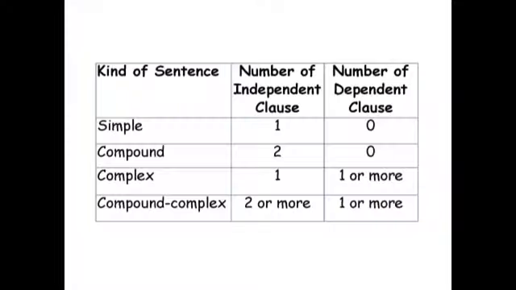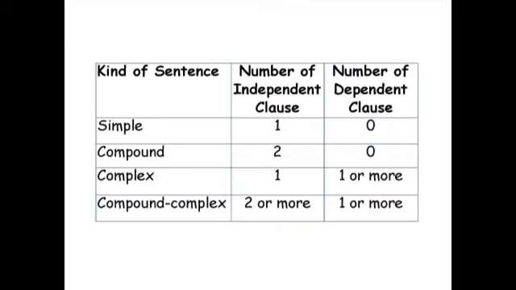Now in conclusion, these kinds of sentences will help you produce a paragraph with a good flow of information. Before we end the video, let me show you a summary of all this by using a table. As you can see in the table, simple sentences need only one independent clause and no dependent.